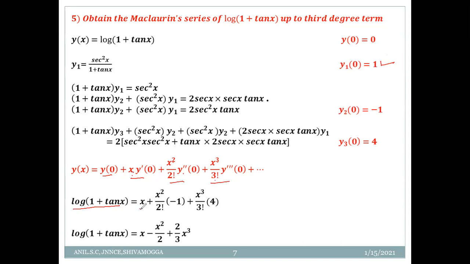Therefore, x into 1 is x, plus x squared divided by 2 factorial into y double dash is minus 1, plus x cubed divided by 3 factorial into y triple dash is 4. Or this can be written as x minus x squared divided by 2 factorial, plus x cubed into 4 divided by 3 factorial. 3 factorial is 6. That means 4 by 6. 4 by 6 is same as 2 by 3.